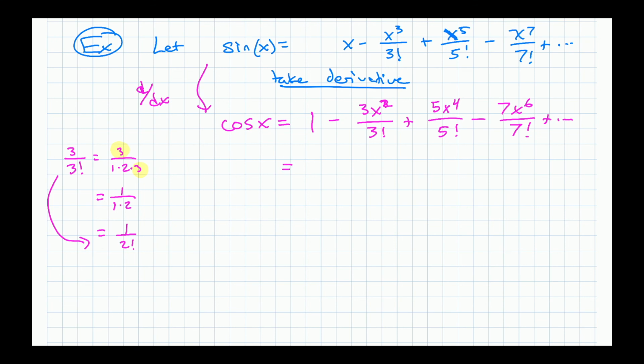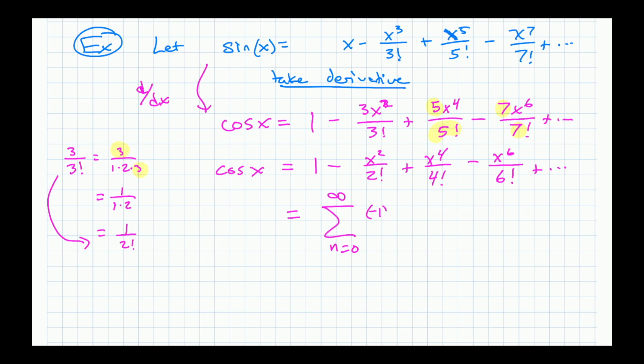So do all that canceling and you get x squared over 2 factorial there. Here on this one, you cancel the 5 with the 5 factorial. You end up with a 4 factorial in the denominator. The 7 in the 7 factorial will give you x to the 6th over 6 factorial plus dot dot dot. And if you compare this, this is going to work out to this formula here.